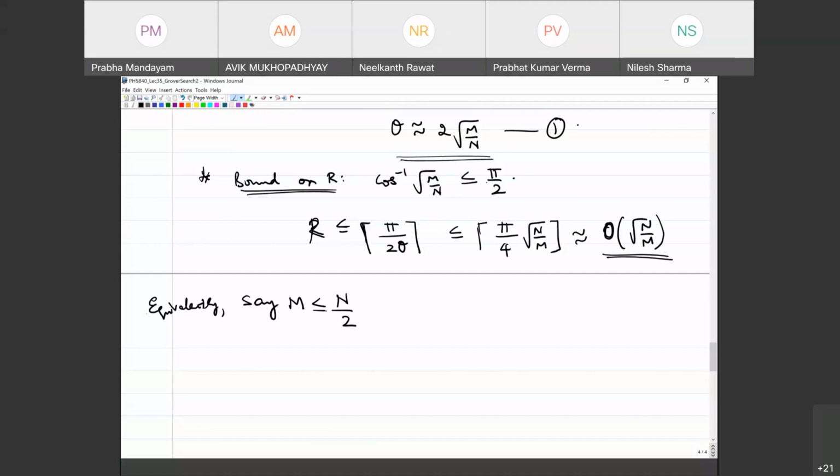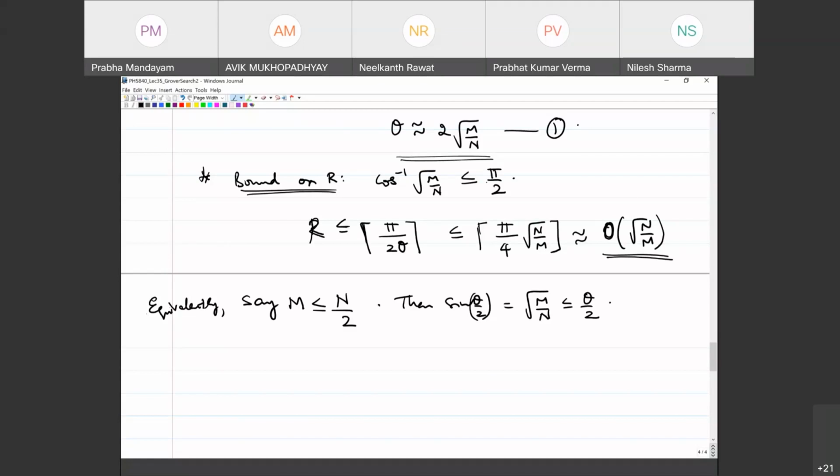Then once again your sine theta by 2, which is square root m over n, is then less than or equal to theta by 2. So then once again you can use this to argue the same thing.